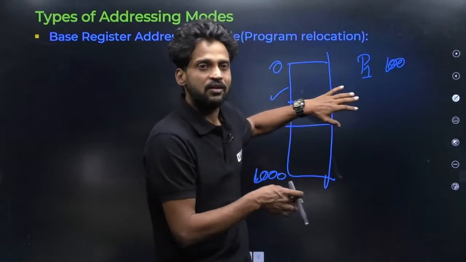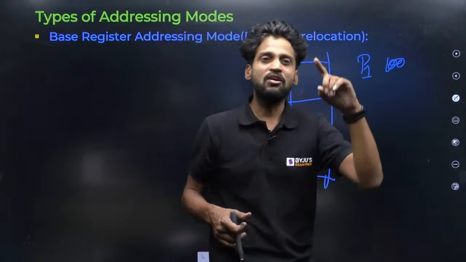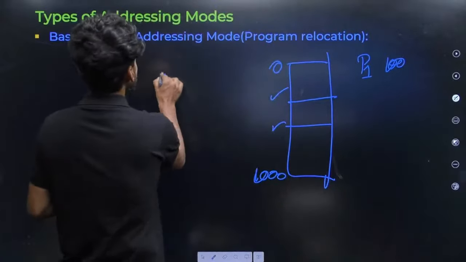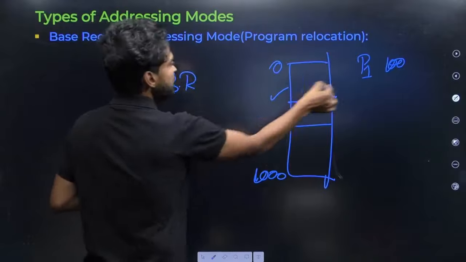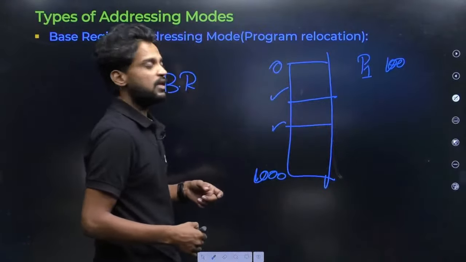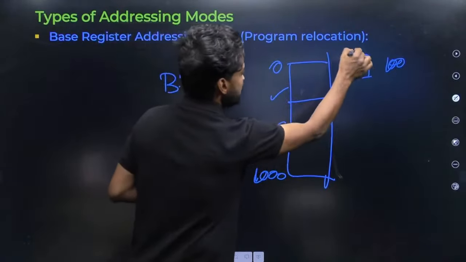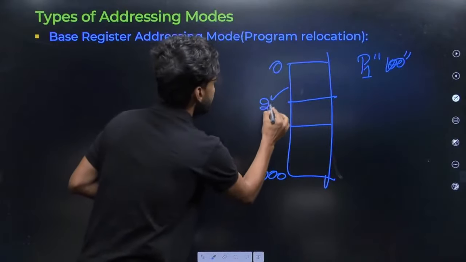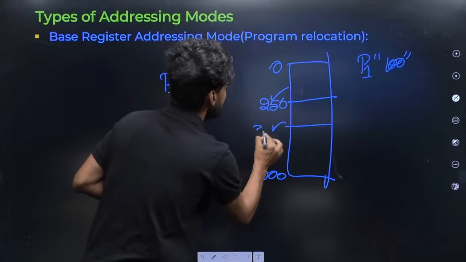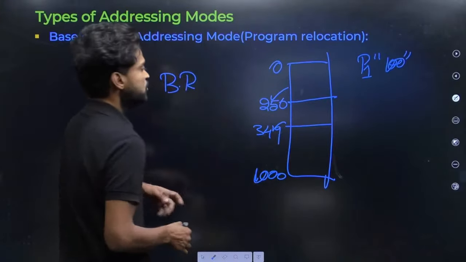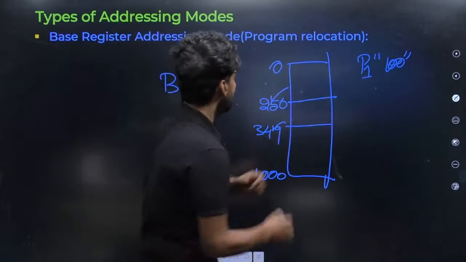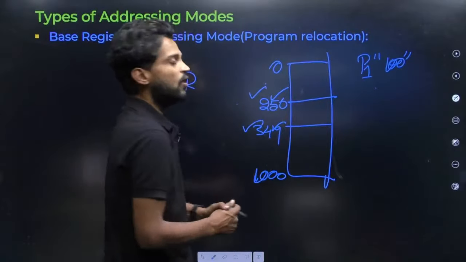In order to keep track of this, I require one register called the base register and one more register called the limit register.